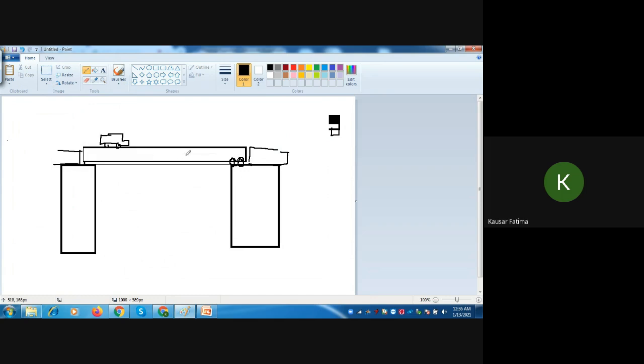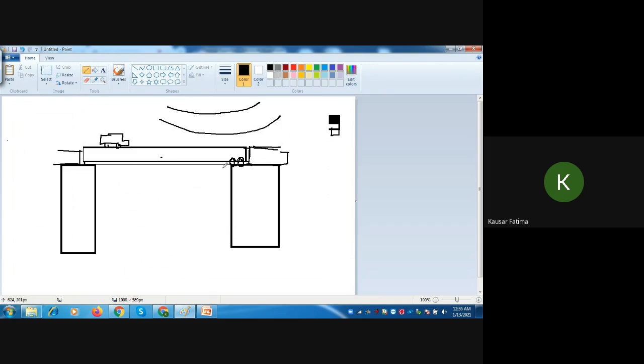So what will happen during summers when the bridge becomes bigger in length? This gap is filled in due to the increase in length. It will go forward and fill up the gap, so that the bridge will not sag. Otherwise, it would bend like this, and may even break due to its own weight.